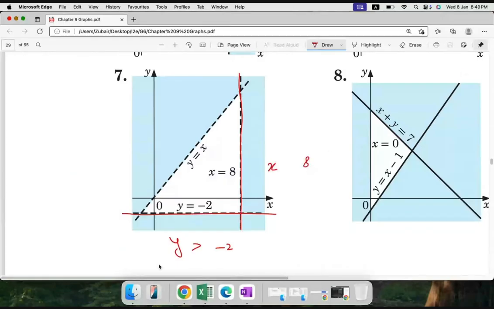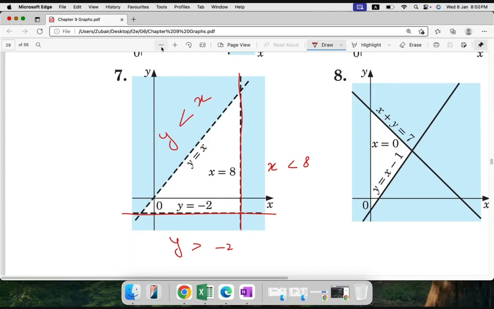That will be x will be less than. Correct. And the slant line. This will be y is greater. See, this is the line. Is the white unshaded region above this line? Y will be less.